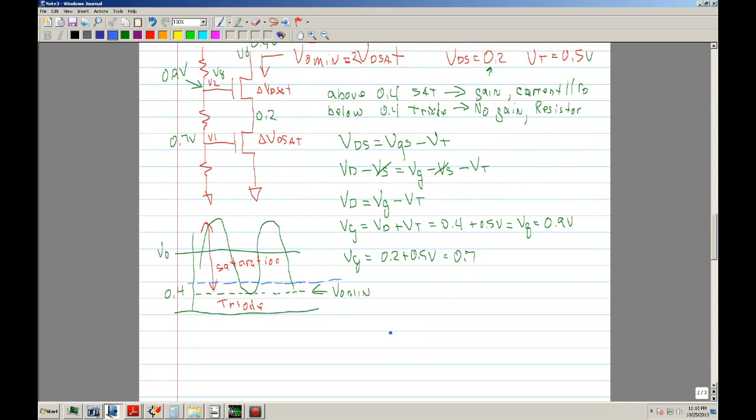Whereas here you had two VDS-sats, here you have two VD-sats plus a VT. So now you have this little delta, that's a delta VT.